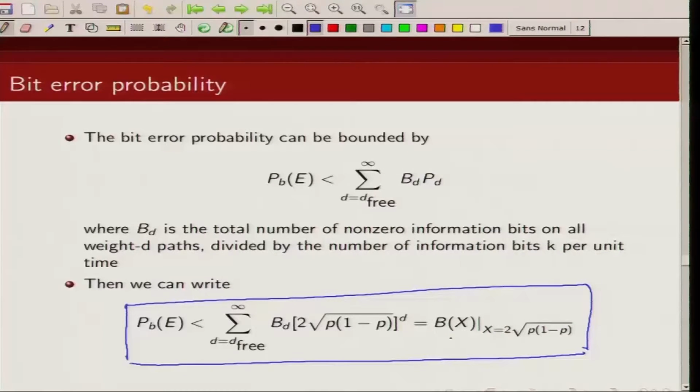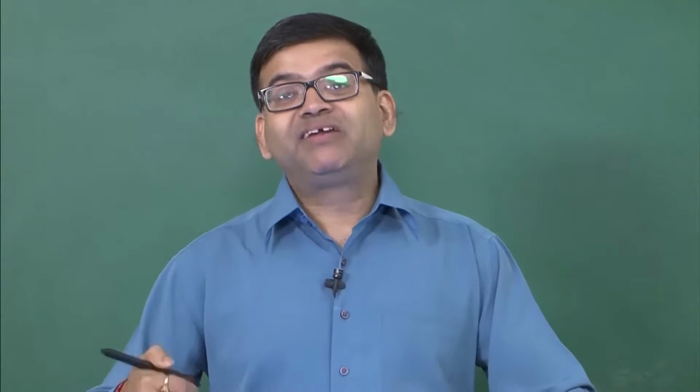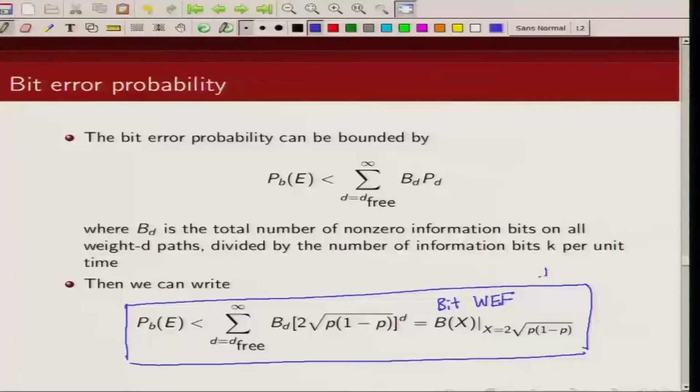This is the bit weight enumerating function, and in a minute we will talk about how to generate the bit weight enumerating function from the input output weight enumerating function. So, this can be computed from the bit weight enumerating function by substituting x equal to this quantity.